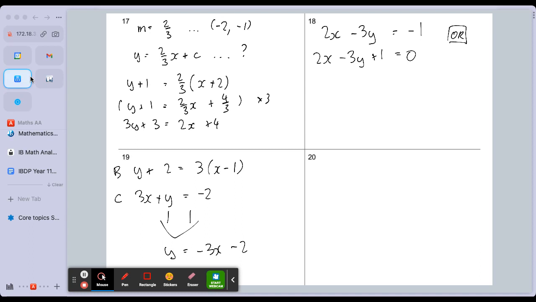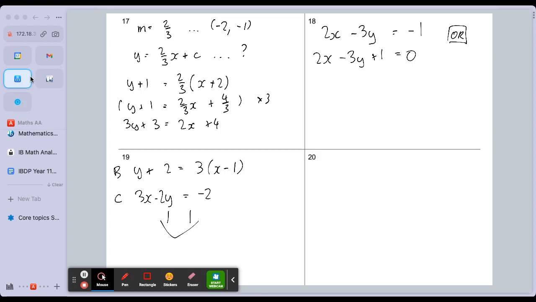Similarly, I could have left it as a minus and gone like -2y. This would also not have the same gradient, right?